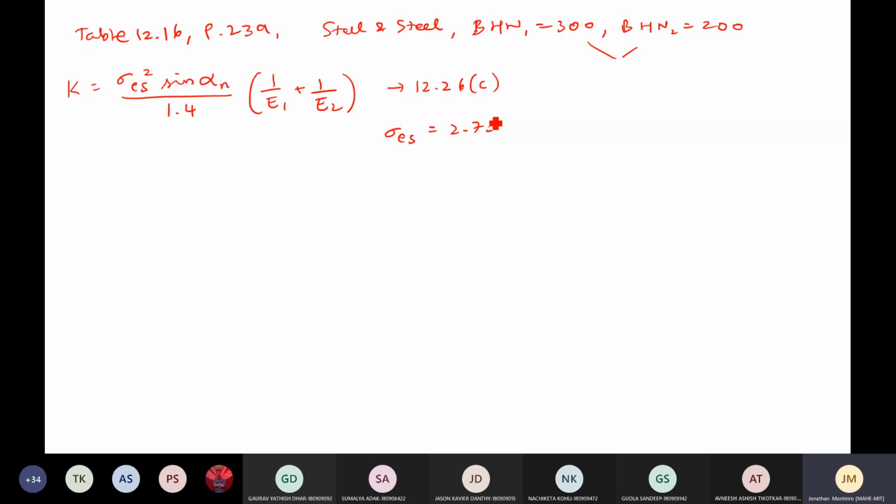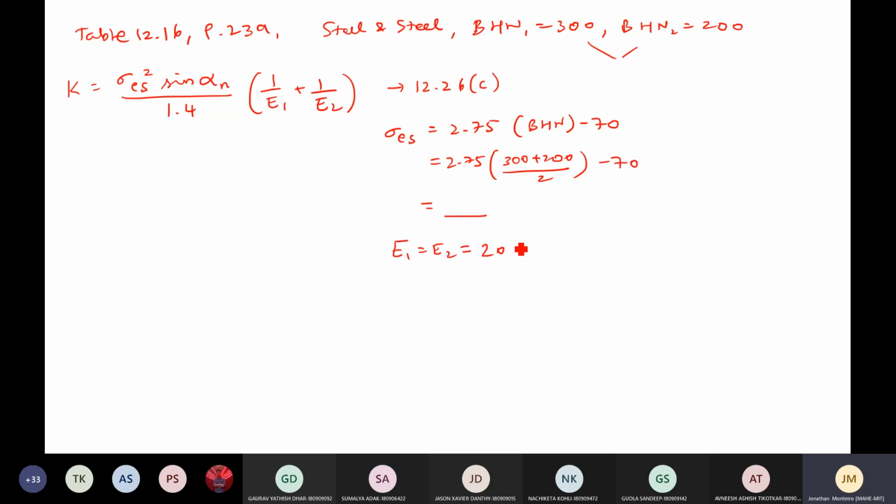It's 2.75 times the average of the BHN minus 70. So it is 2.75 into 300 plus 200 by 2 minus 70.